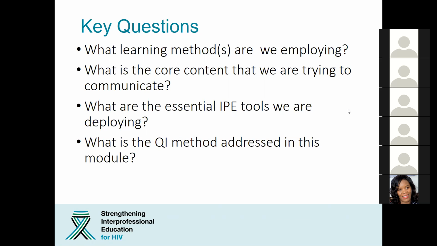For example, here in Sierra Leone, the country hasn't moved to dolutegravir. They're still using the tenofovir, lamivudine, and efavirenz combination. So it's critical to know the national policy around pediatric dosing, and on top of just the drugs themselves, also to know the way we give the treatment.